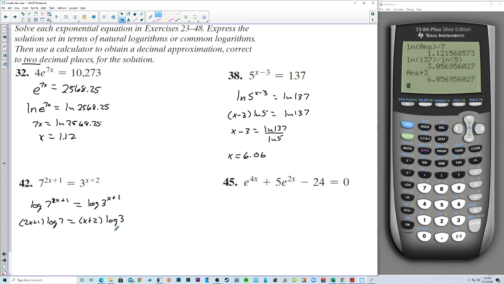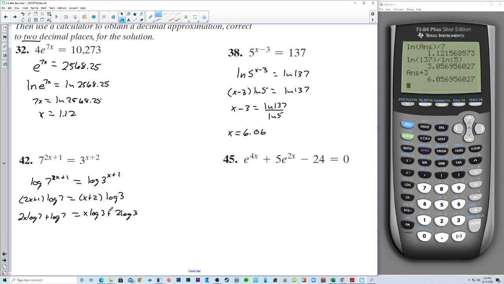log of 3. And let's distribute log of 7. So 2x log of 7 plus log of 7. And we'll distribute the log 3. So x log 3 plus 2 log 3. Now we're going to move anything that has an x to one side.